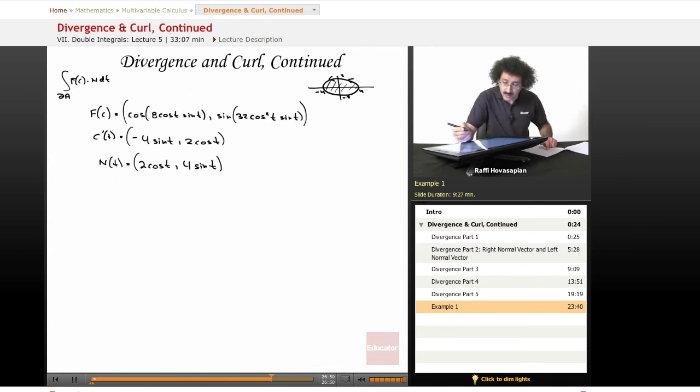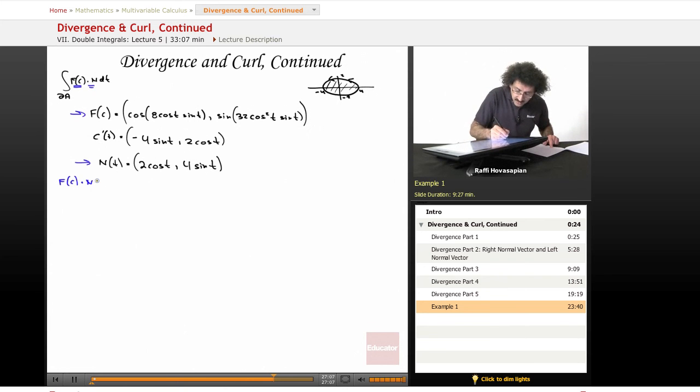So now let's go to blue. I have my f of c, that's this one. I have my n of t, that's this one. Now I take the dot product of those two. That's all I'm doing, just plugging things in.